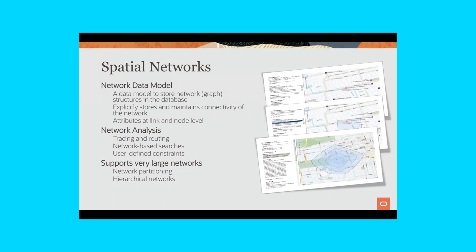And then once you store this data in the database, we have this middle-tier component that can do network analysis on top of that. Simple examples: let's say you're a Pizza Hut, and you want to identify how many customers you can reach within half an hour of driving distance, or within one hour of driving distance.